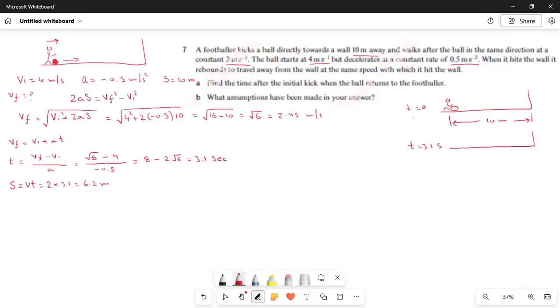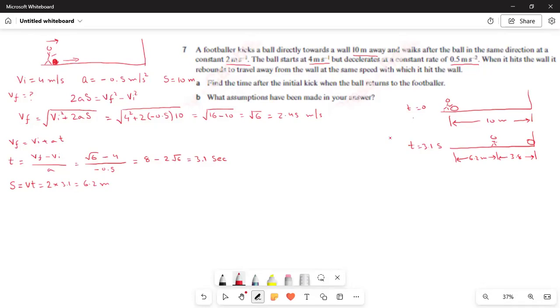The ball has reached the wall, and the player has also moved over here, right? So now the player has moved 6.2 meters from his original position. So now the distance between the player and the wall is 3.8 only. 10 minus 6.2 is 3.8 meter, right?